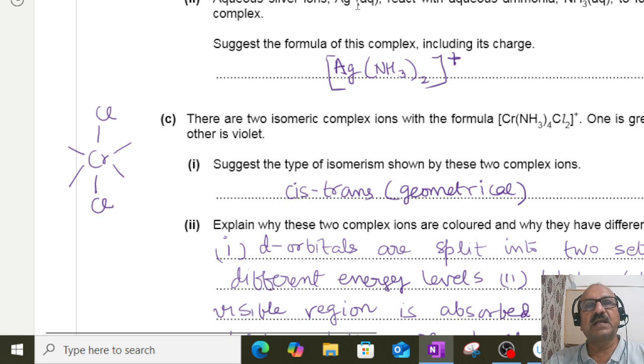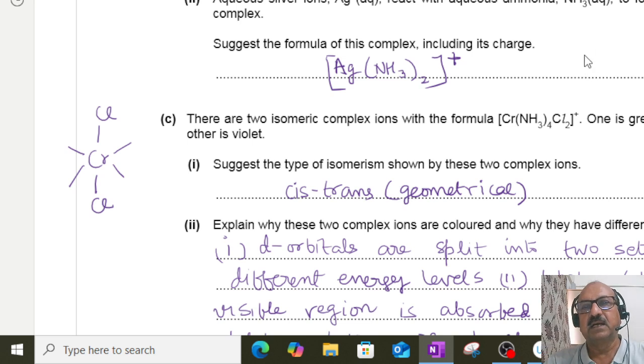Now, the aqueous silver ions react with ammonia to form a linear complex. Since it is linear, you should have ammonia on both sides, which obviously means that we need two ammonia.